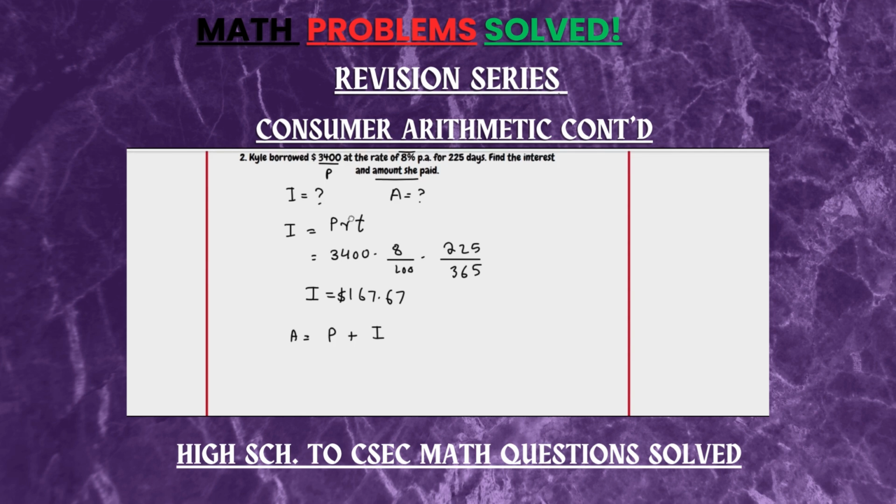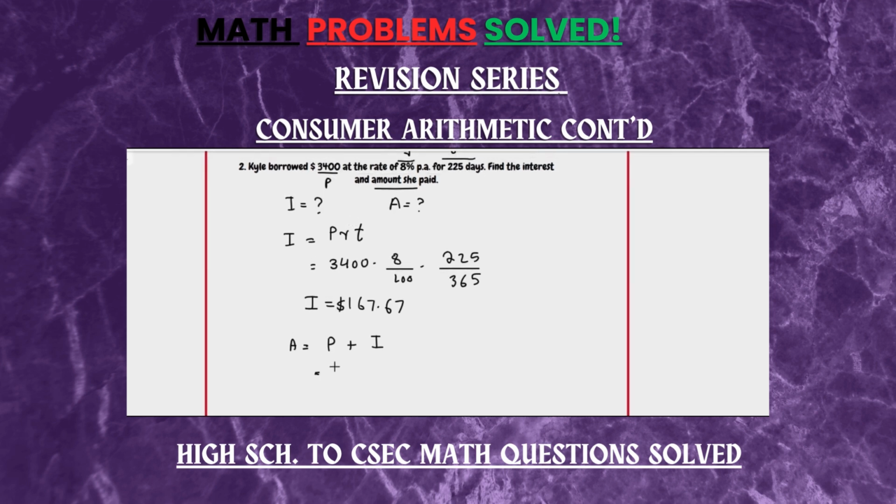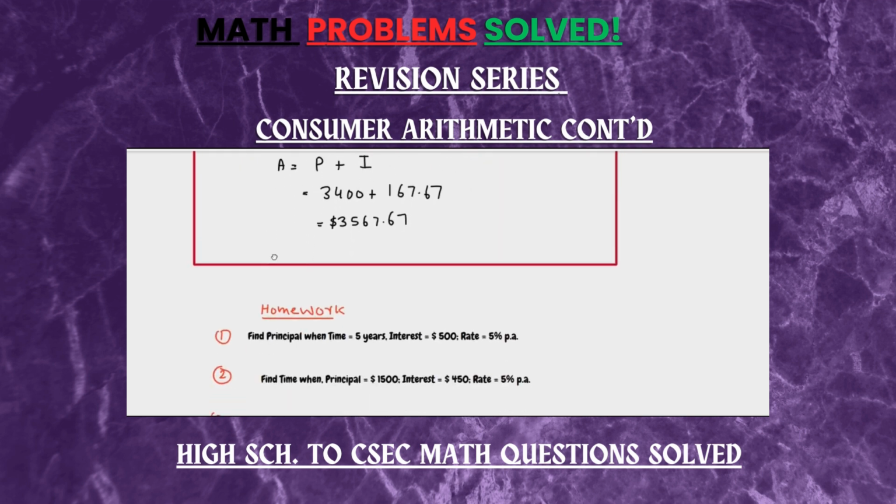So what's the principal amount? That is 3,400 plus the interest 167.67. If we add these two using a calculator, it will be $3,567.67. That will be the total amount she needs to pay after 225 days, right?